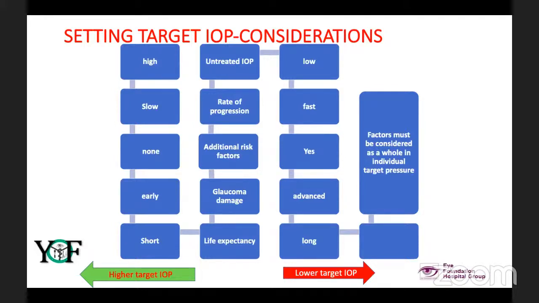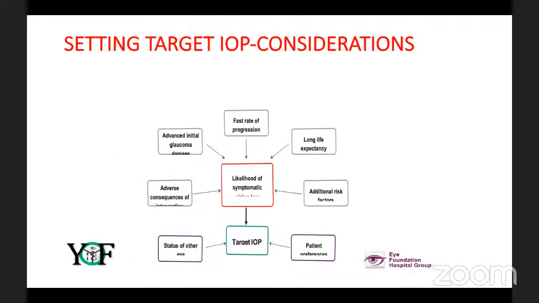The life expectancy, if it's long, like in a younger patient, the target pressure will be lower than when the patient is old. And all these factors will have to be considered as a total in the individual person.